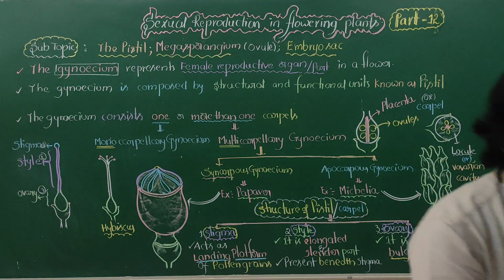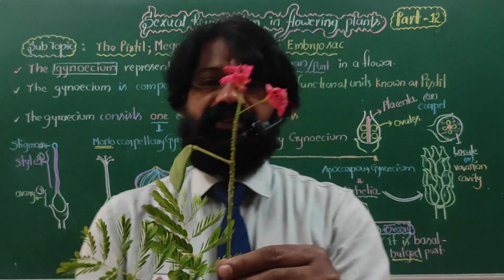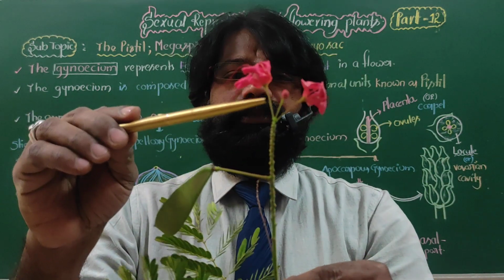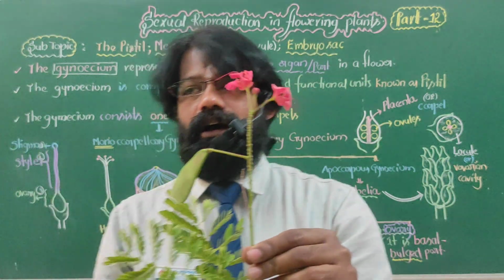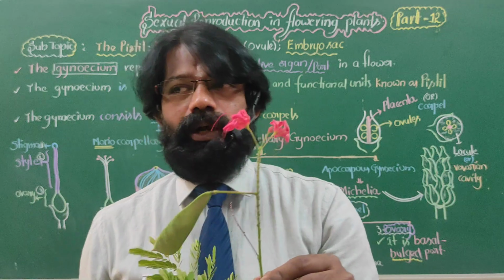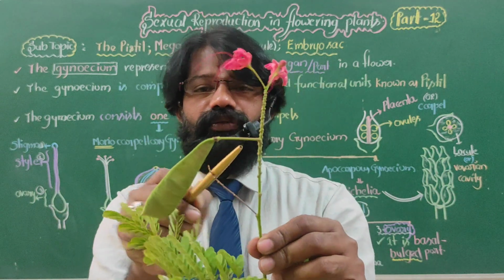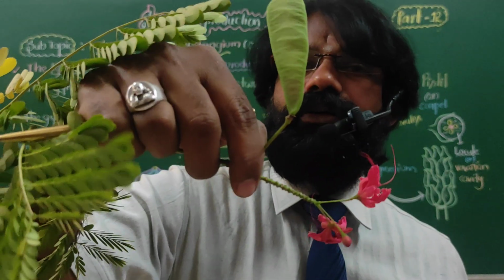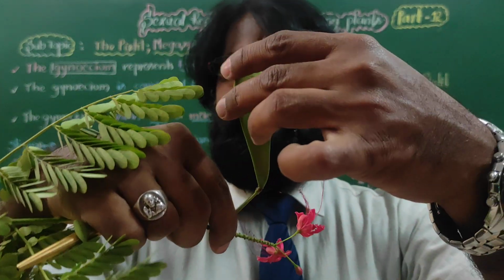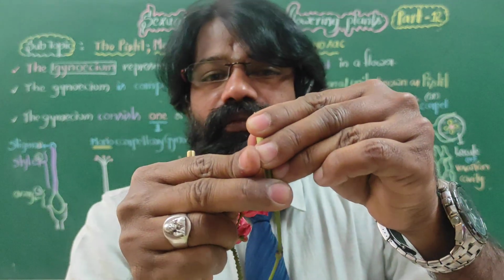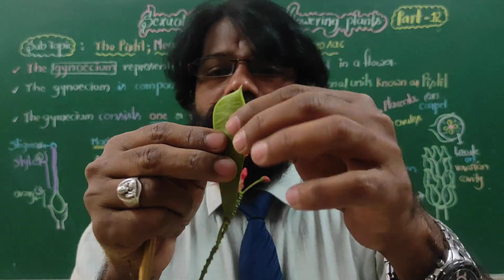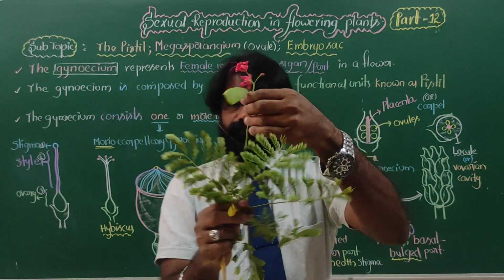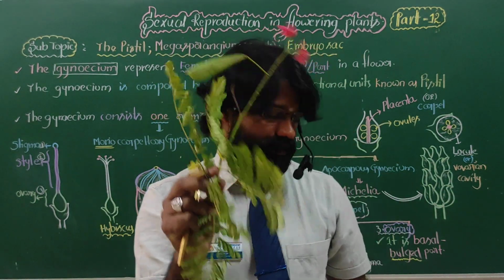One more major point: after fertilization, that is, after pollination and then fertilization, the ovary converts into the fruit, and the ovules inside the ovary develop into the seeds. We will discuss these post-fertilization events.